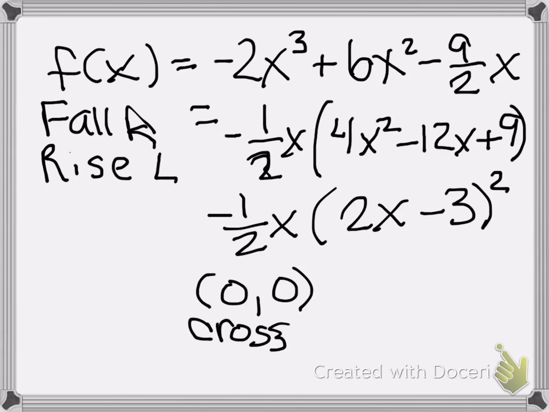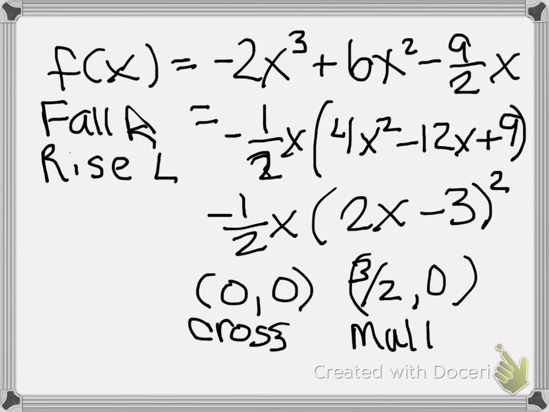So we're going across the x-axis there, and then we know that we have 3/2, 0 for our other intercept. There it's just going to touch. This is a multiplicity of 2, or double root. Remember, that's the same thing. Since that's squared, we're just going to touch.